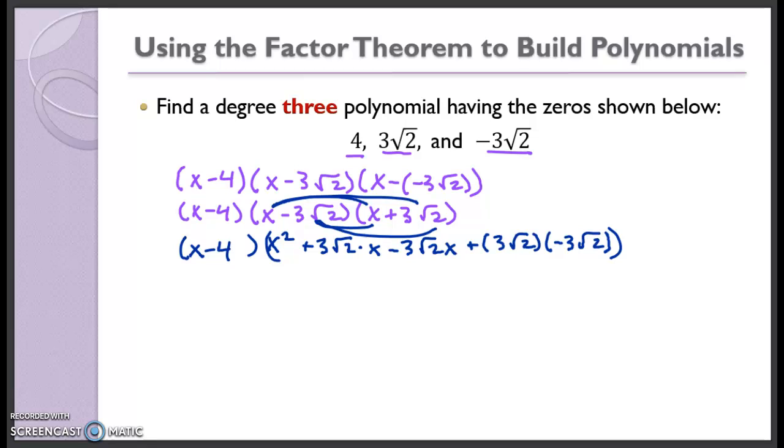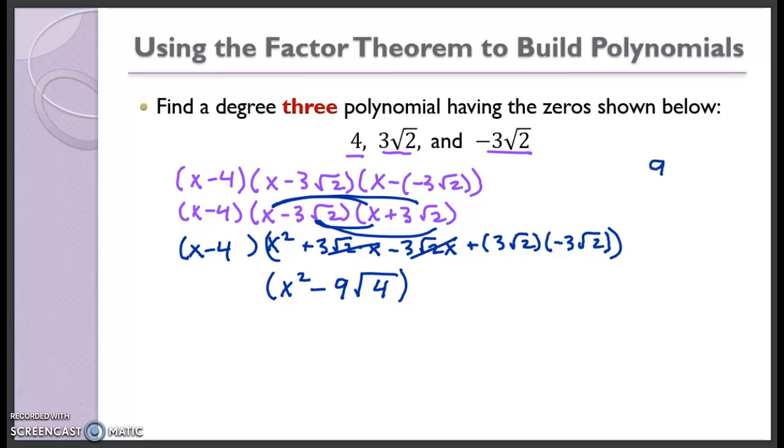So what is this right side going to simplify to? x squared. Those two add to be 0, and then minus 3 times 3, and then square root of 2 times 2, which is 4.